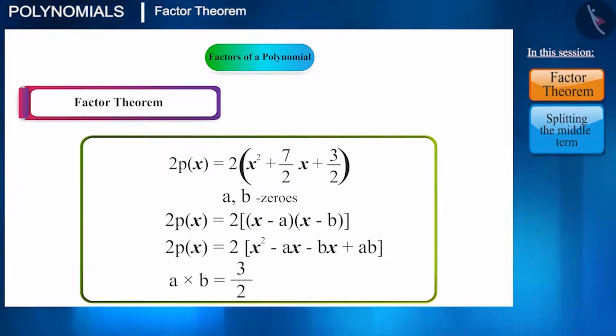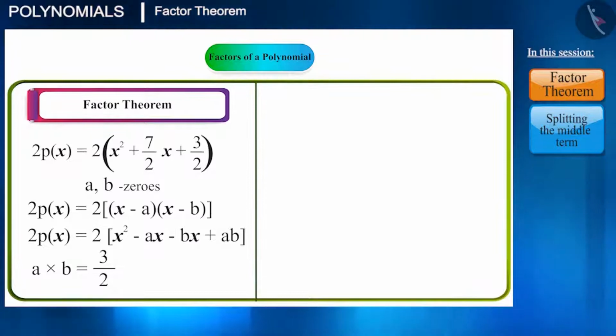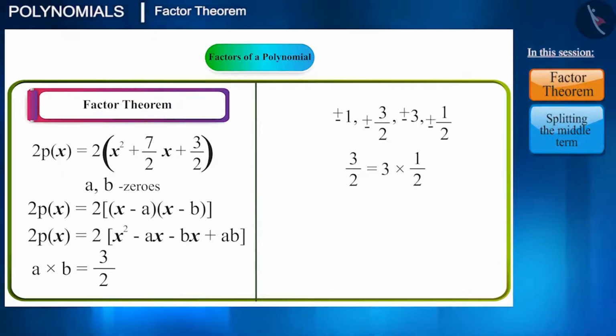So we will find 2 numbers a and b whose product is 3 by 2. First of all, plus or minus 1 and the number itself, that is plus or minus 3 by 2, are the factors. Also, 3 by 2 can be written as 3 multiplied by 1 by 2, that is, plus or minus 3 and plus or minus 1 by 2 will also be factors.